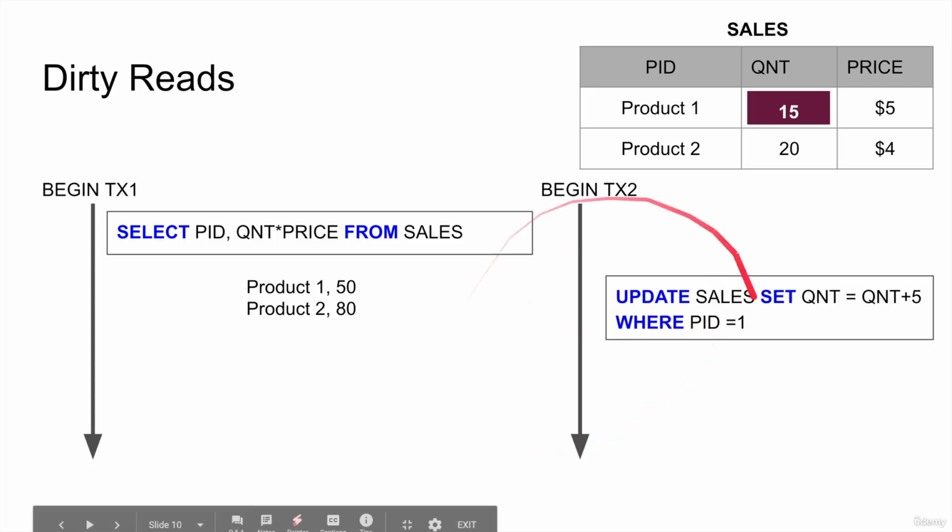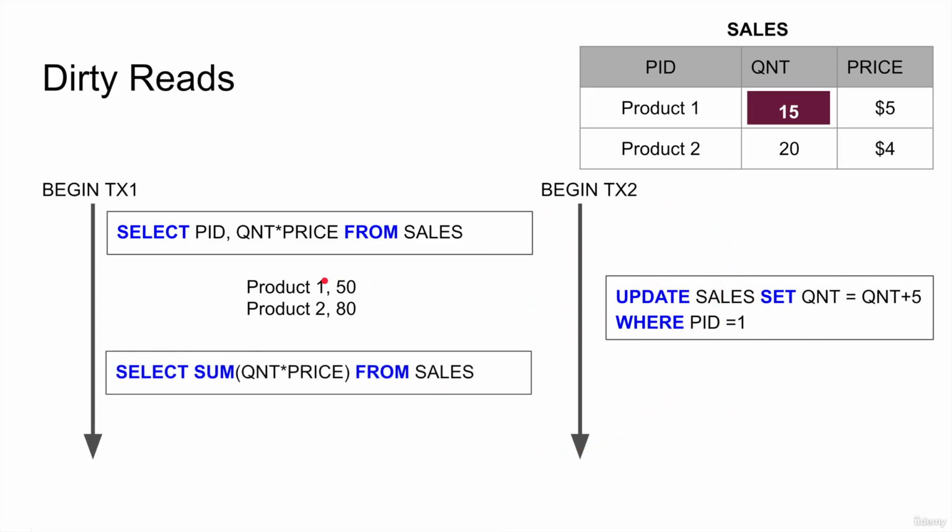So I didn't commit this transaction 2 yet, right? While I'm doing that, I did the second query, which is select sum of quantity times price, which is literally this times this plus some 20 plus 48. But guess what? This is giving me a wrong result.